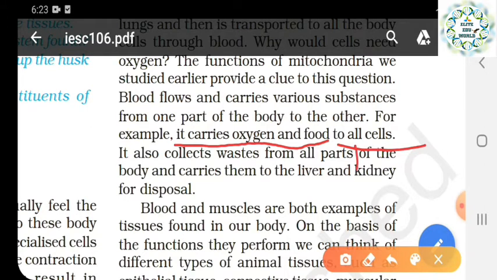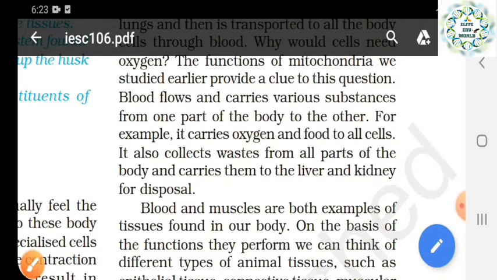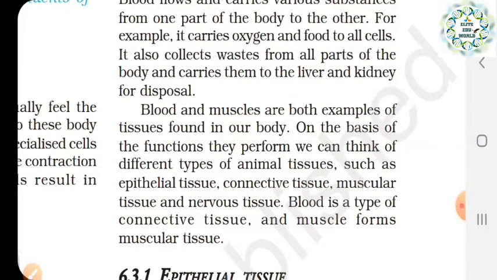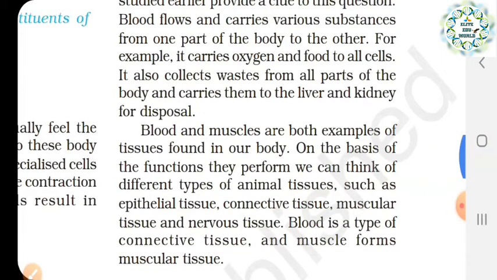So as blood is a transporter, it is first of all providing the glucose and then oxygen to all cells or all body parts of the organism. After cellular respiration happens, energy is released and some waste material is produced. To remove that waste material from the body, blood brings it from all parts of the body and carries it to the liver and kidney, because they both perform the function of purification of the blood.